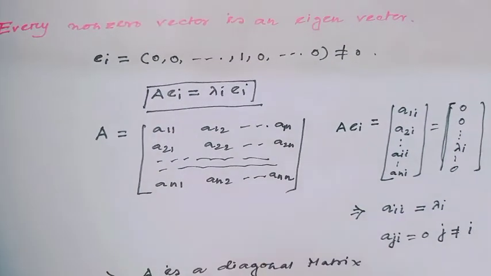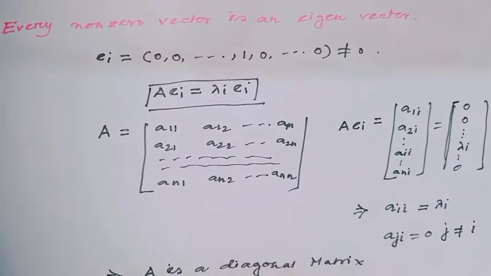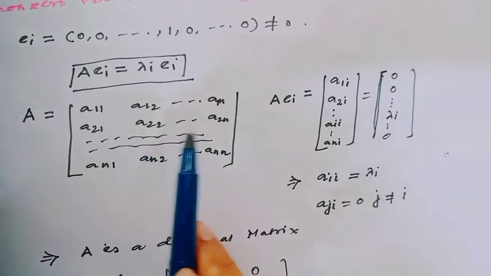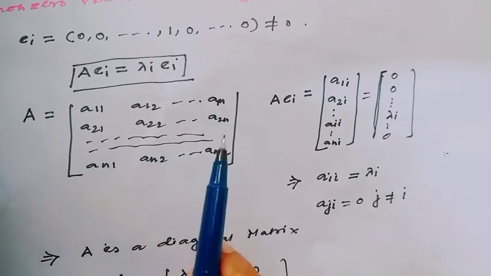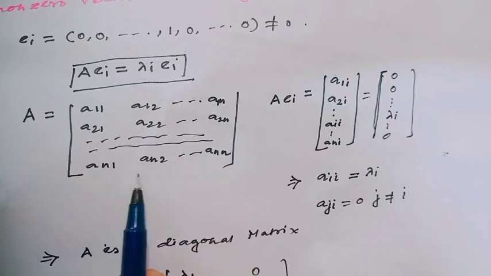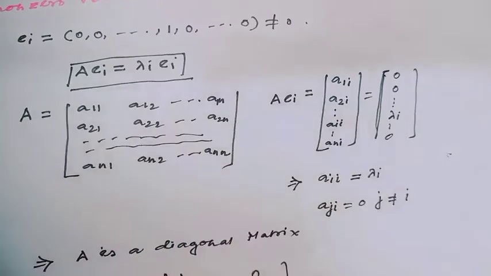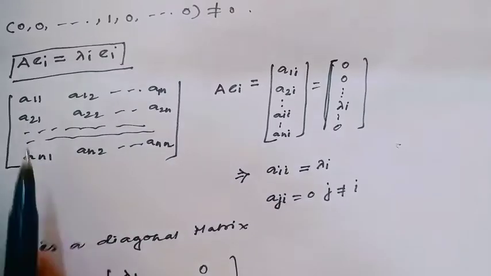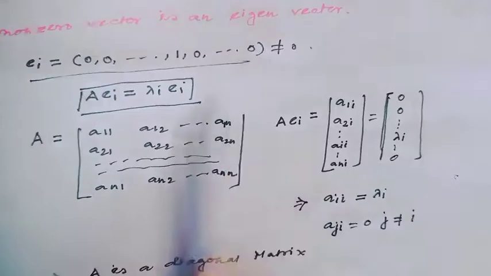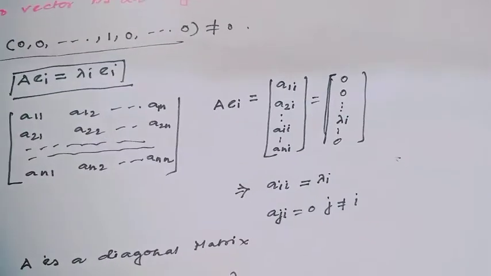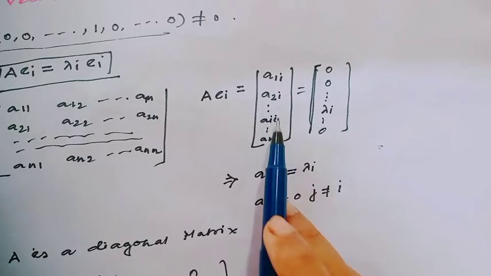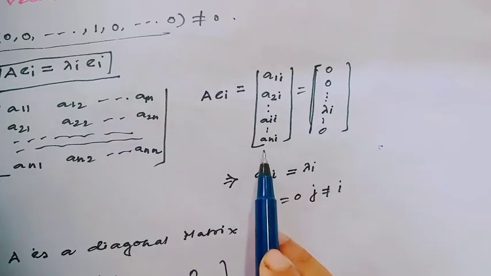For this, consider an arbitrary matrix A, where A equals a11, a12, up to a1n, a21, a22, up to a2n, and this continues, and the last row is an1, an2, up to ann. Then A e_i, since e_i is this vector, means a1i, a2i, up to aii, up to ani.